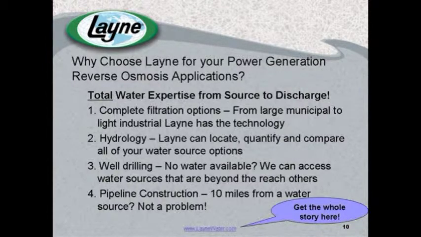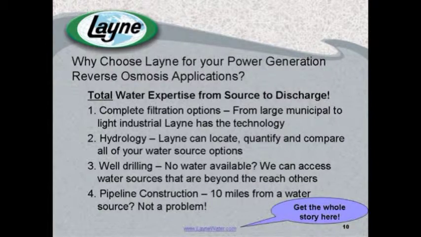Second, going back even ahead of drilling, is the hydrology research to identify new water sources, alternative water sources that can keep your plant running when others perhaps are gasping because there's not enough water nearby.